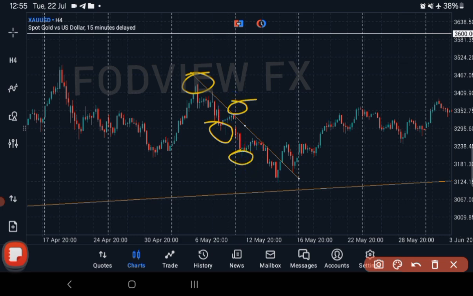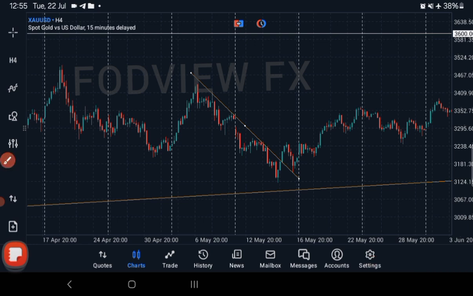It continues before a breakout. Now, that is how to place a trend line. Remember, you only need 2 touches.